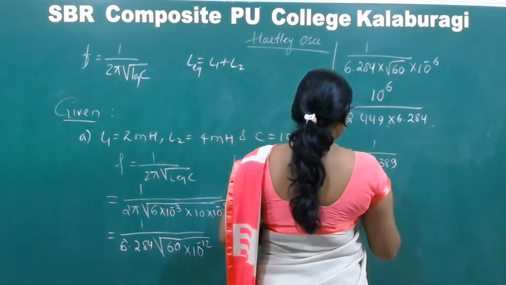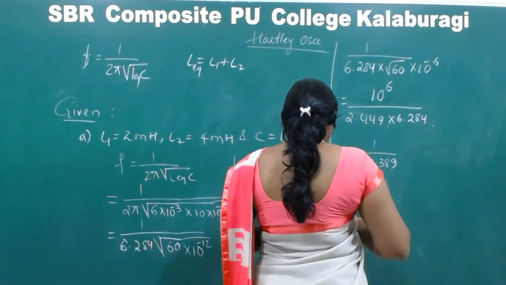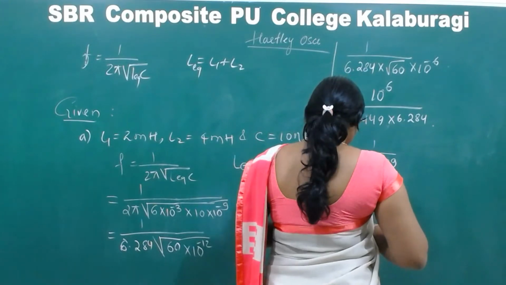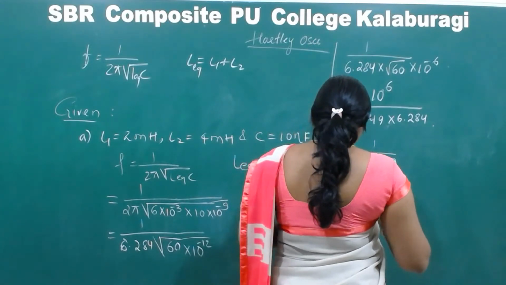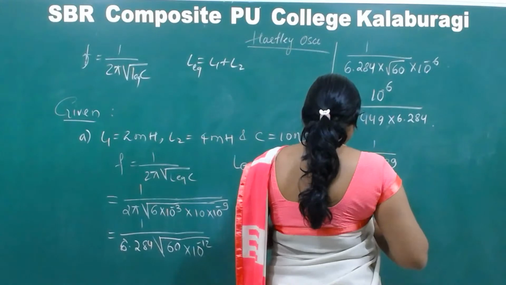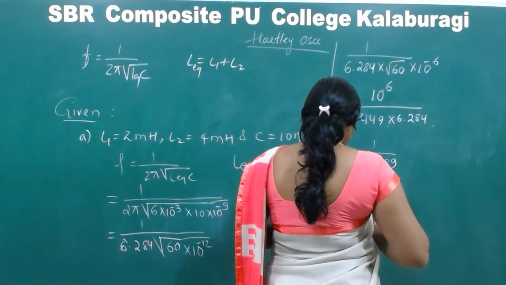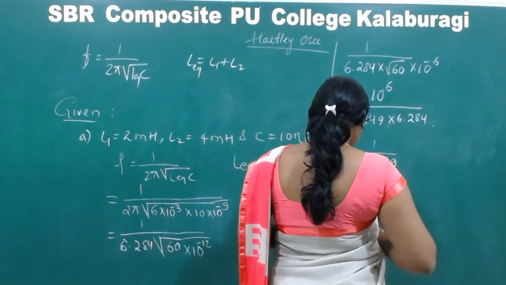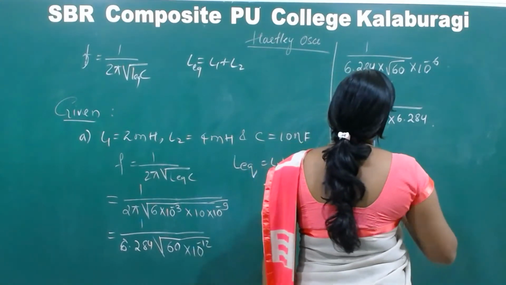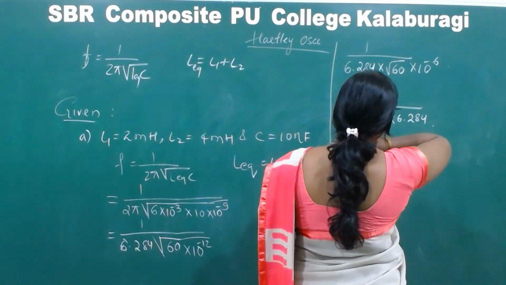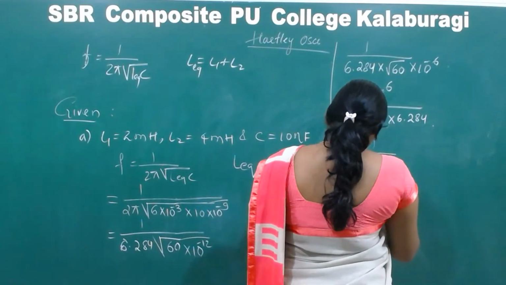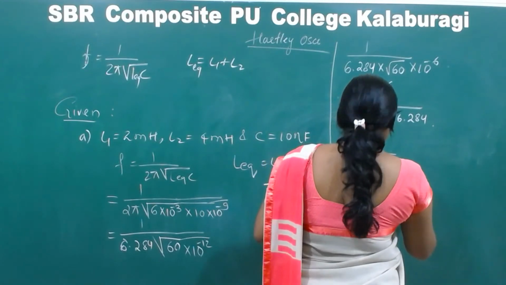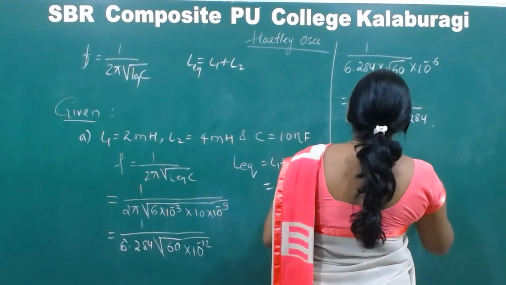So the answer is finally 1 by 15.389, which is equal to 0.649 into 10 to the power of plus 6.